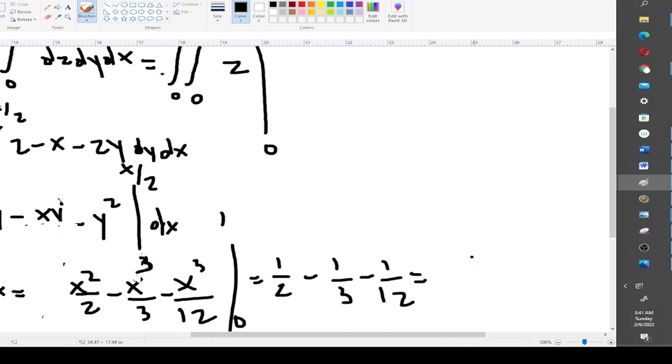And then, so 1/2, write this all with the common denominator. That's going to be 6 over 12 minus 4 over 12, and then minus 1/12 again, until we get 1/6 for our final answer.